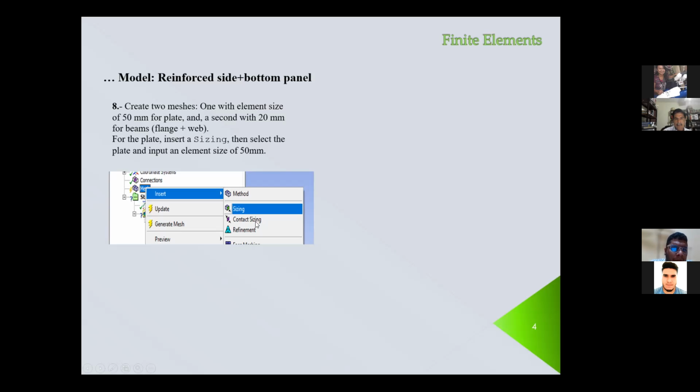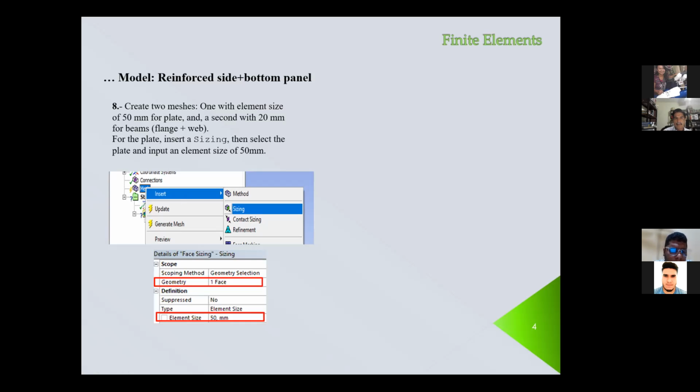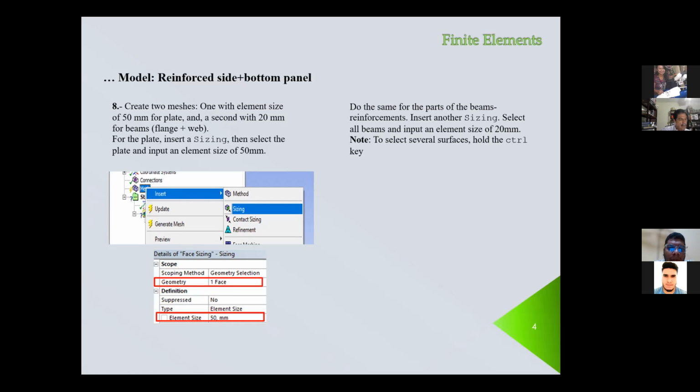This is done by inserting sizing. When you insert sizing, you have to assign the face and put the value of the element size. The same process is used to insert another sizing, but in this case for all the beams, where the element size is 20 millimeters.